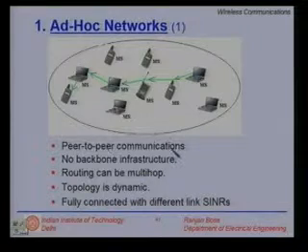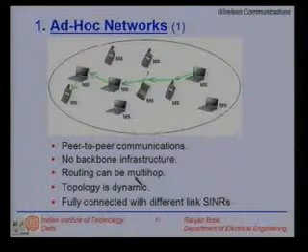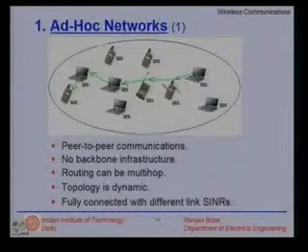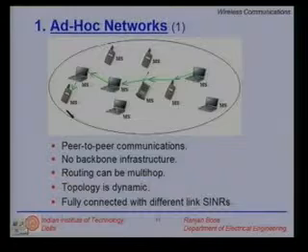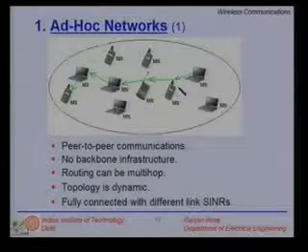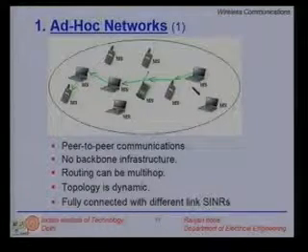You need to have peer-to-peer communications. There's absolutely no backbone infrastructure. The routing can be and most likely is multi-hop, as shown by the green arrows. The topology is dynamic. I can pick up my phone, go and sit at some other place. I can switch off my phone.